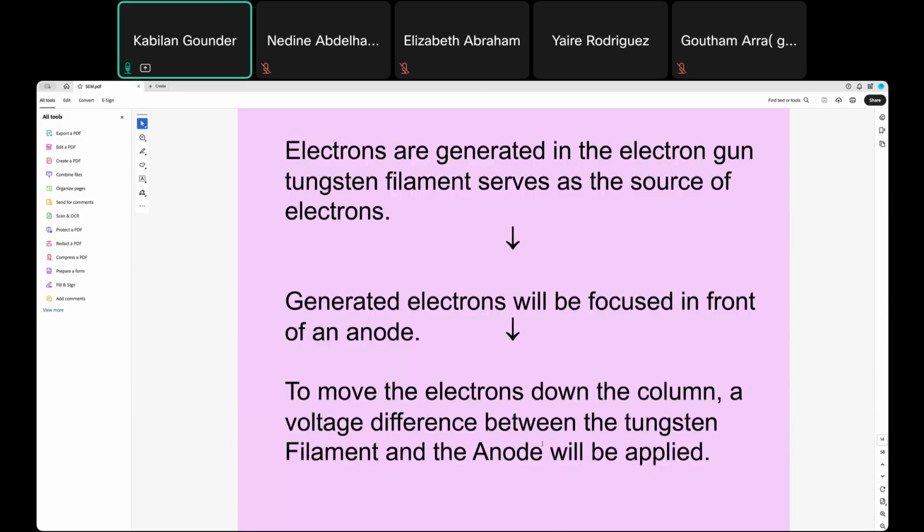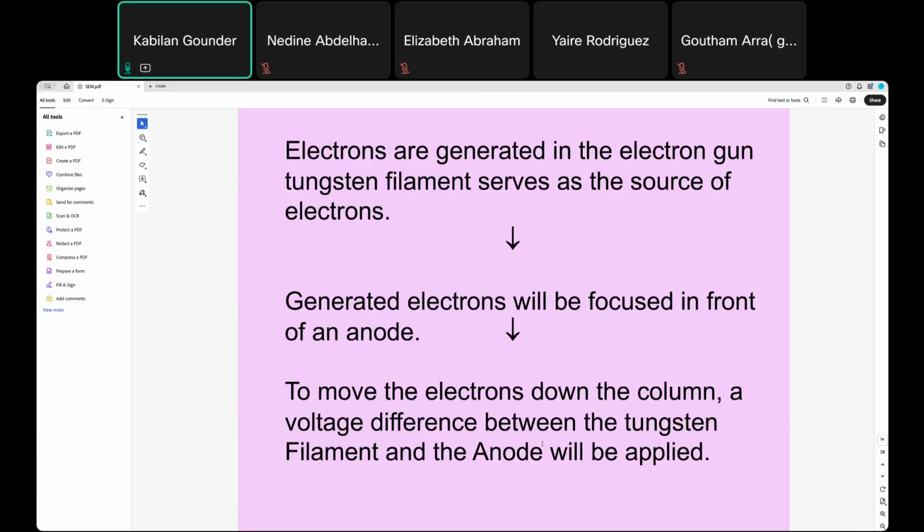So how does this electron microscope work? The electrons are generated in the electron gun. The tungsten filament serves as the source of our electrons. The generated electrons will be focused in front of the anode.